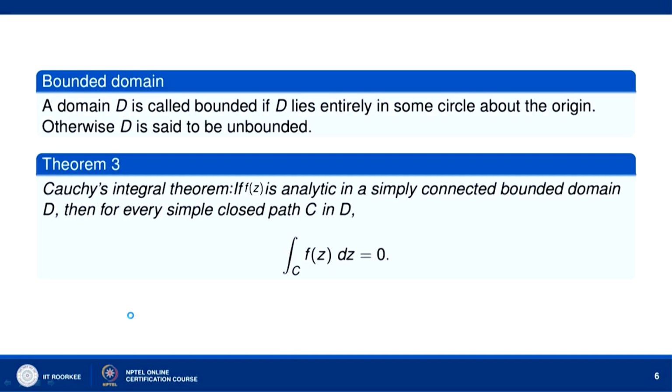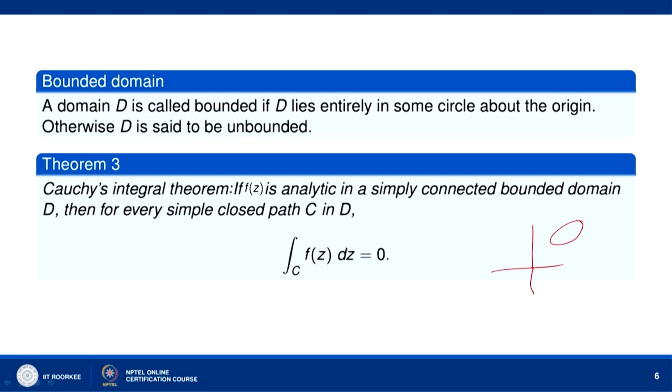A domain D will be called bounded if it lies entirely in some circle about the origin. That means, if you take a domain, it will be called a bounded domain if you can draw a circle with center at the origin of some radius r, such that the given domain lies completely inside it.